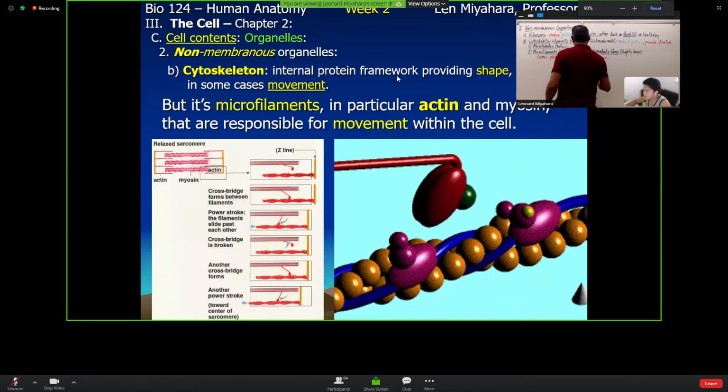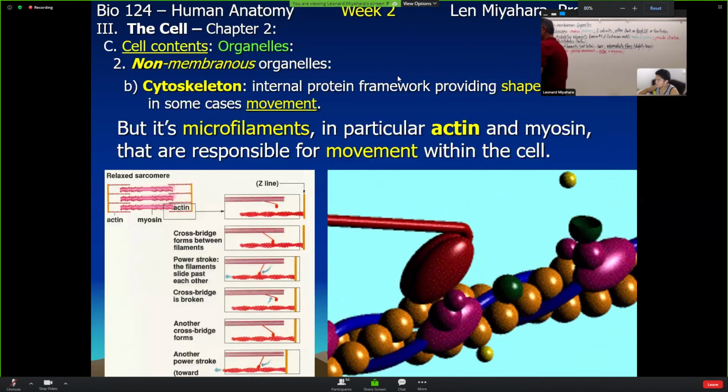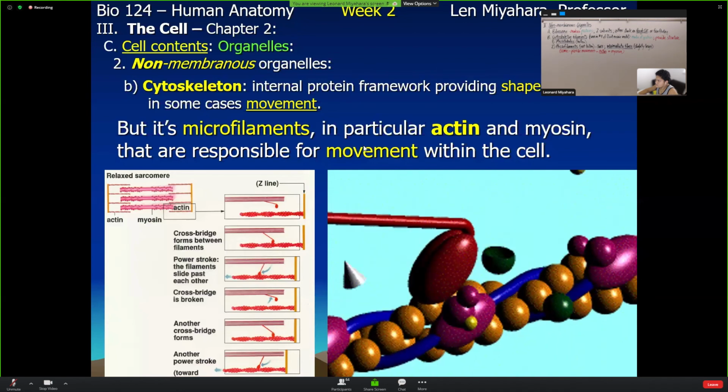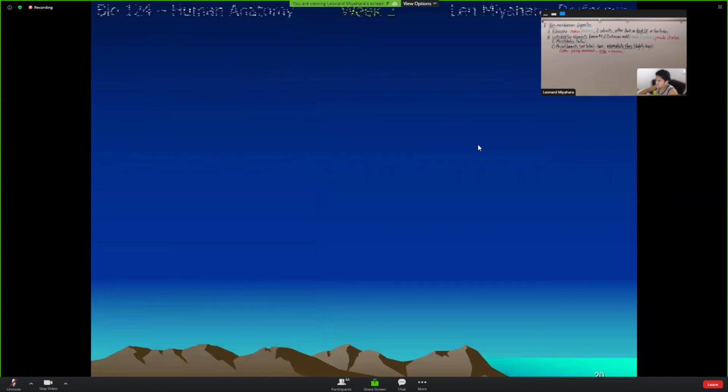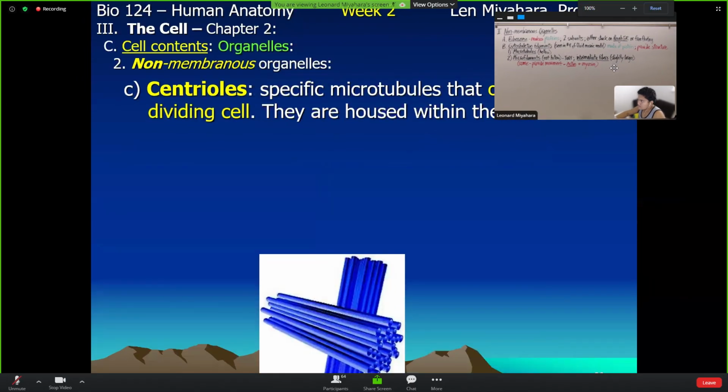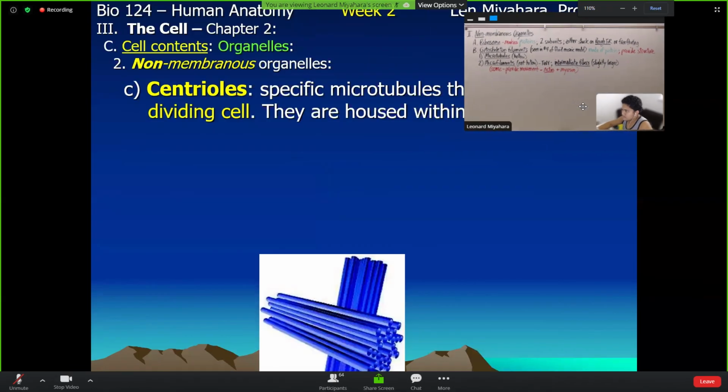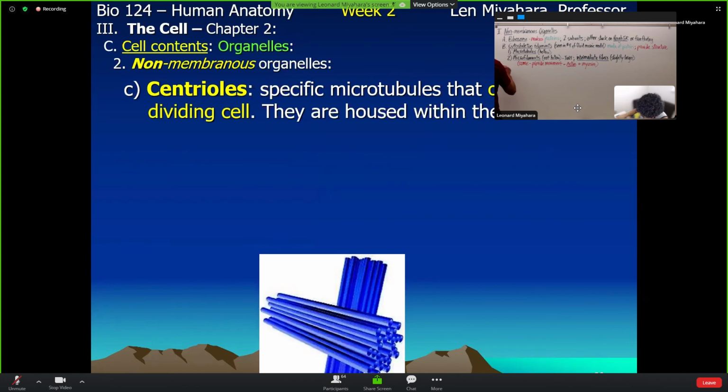Okay, then we have centrioles, and they are usually listed separately. But really and truly, this is just a specific form of this.